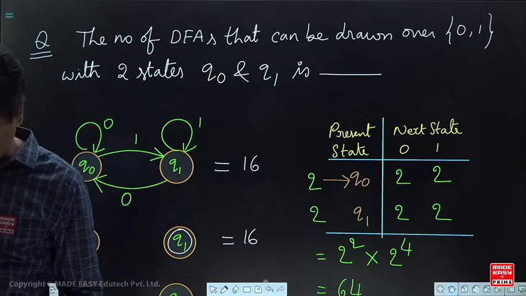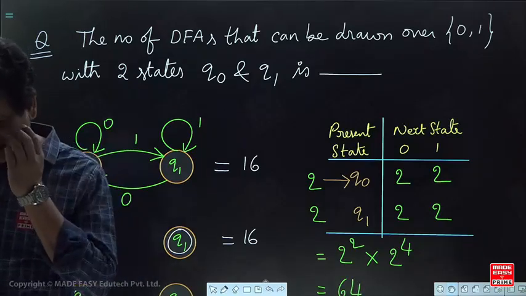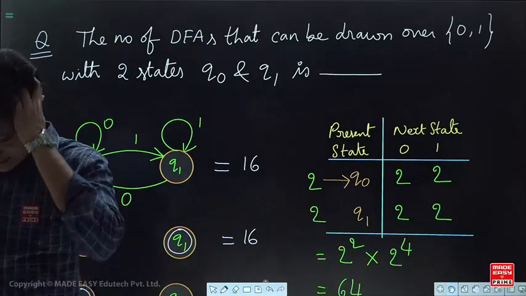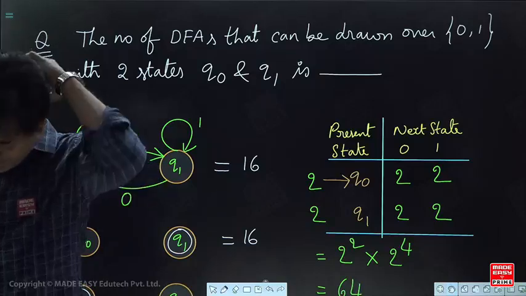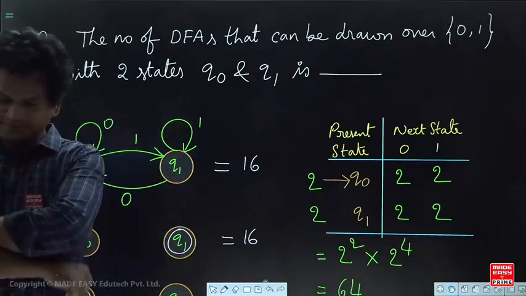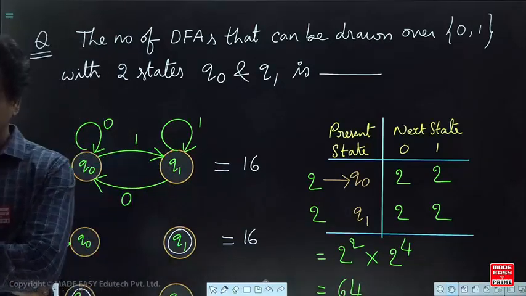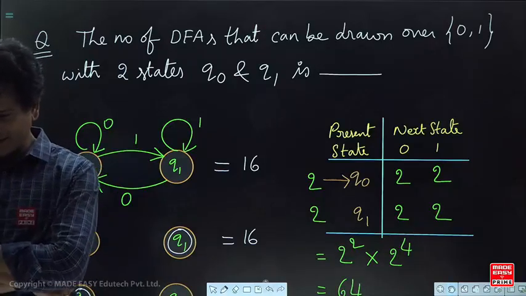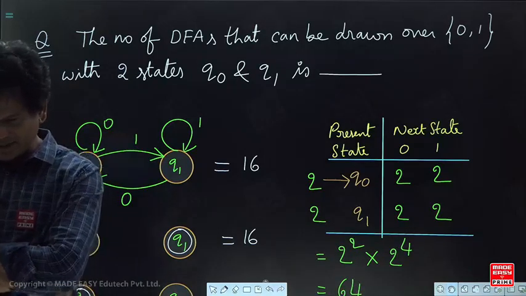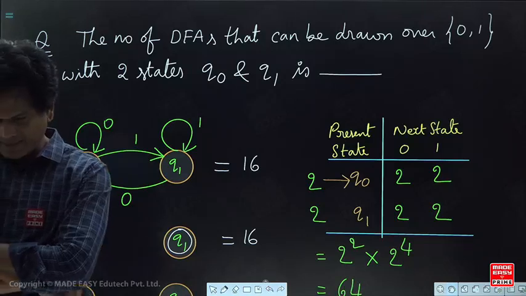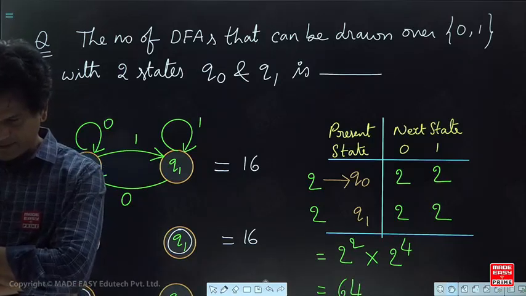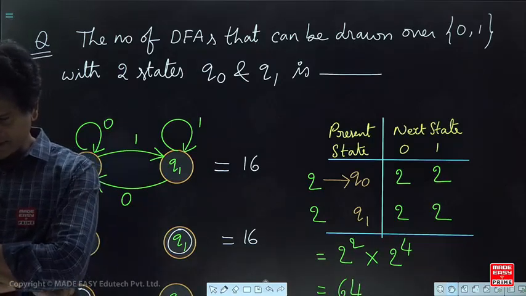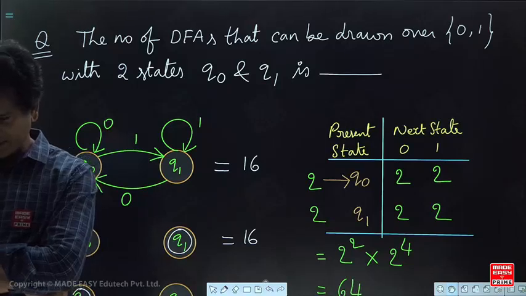Subrato Chaudhary, wrong answer. Surjit Mandal, wrong answer. Where is Rikati Pal? I am not getting any message. And Ritu, I am not getting any message. What happened to you today? Muhammad Salim, wrong answer.